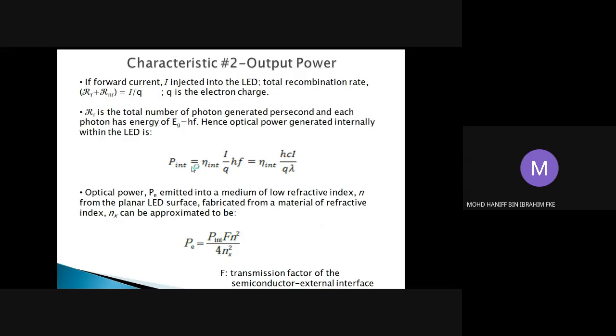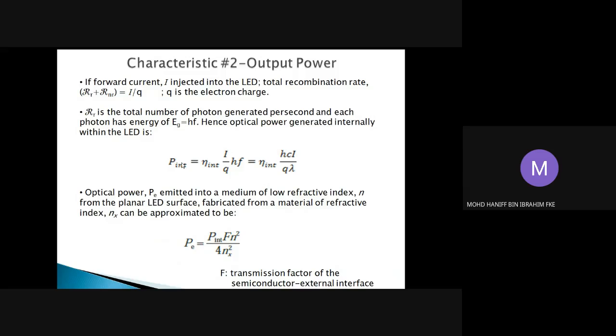The optical power generated internally equals the internal quantum efficiency multiplied by the forward current divided by the charge, multiplied by Planck's constant and the frequency. It can also be written in another form because f equals c divided by lambda. That is the equation used to calculate the optical power generated internally within the LED.